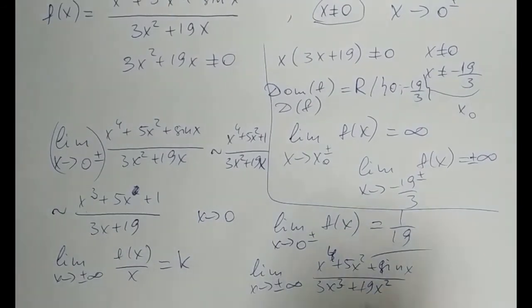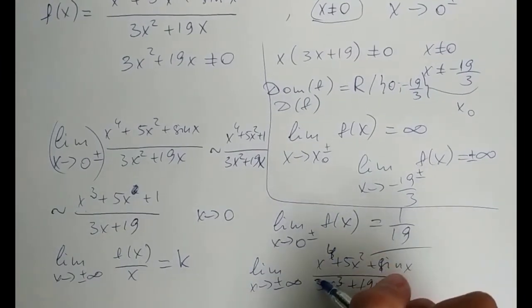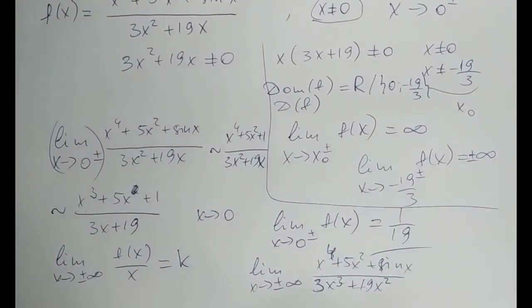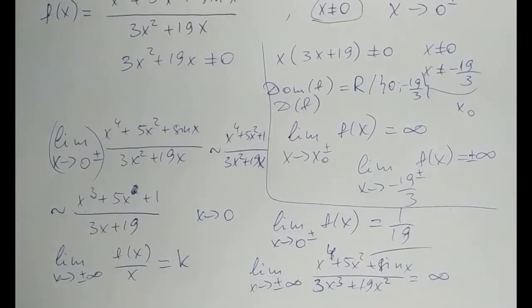But you can see the power of the numerator is bigger than the power of the denominator. That's why in this case we get plus infinity. So we don't have a finite limit. That's why we don't have right or left asymptotes as x tends to plus minus infinity.